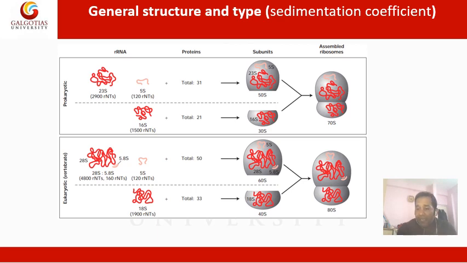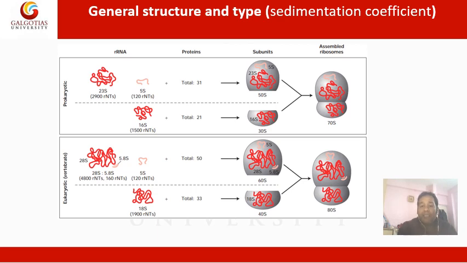Similarly, if we see the 80S ribosome, which is predominantly present in the eukaryotic cell, it is made up of two different components. The larger component is called 60S and the smaller component is called 40S.